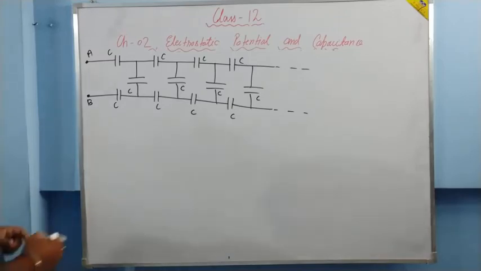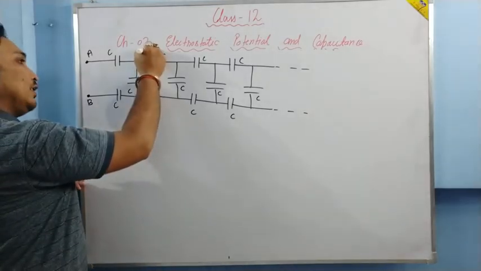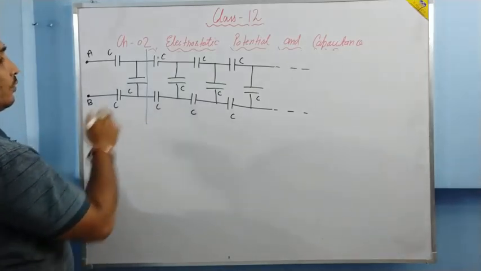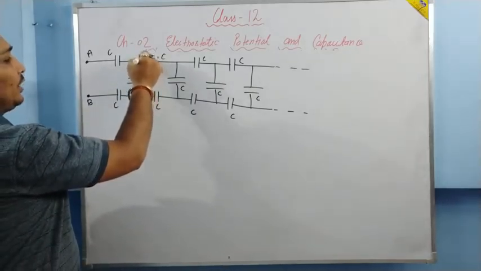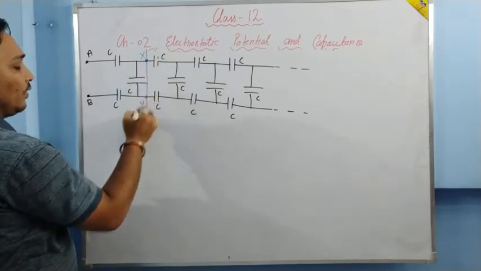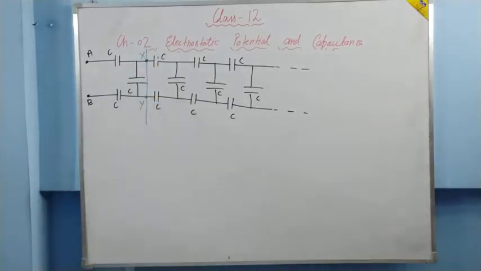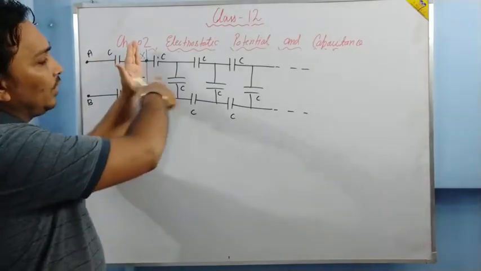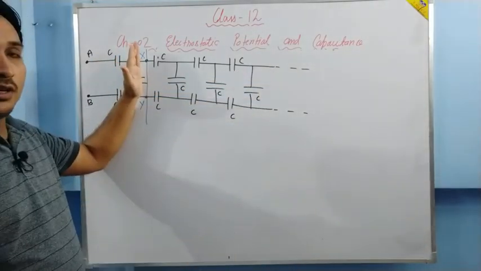Suppose we ignore this much of the ladder. Let this point be X, let this point be Y. If we ignore this much, then from here till here, again it is an infinite ladder only.